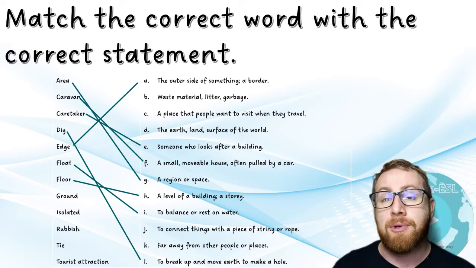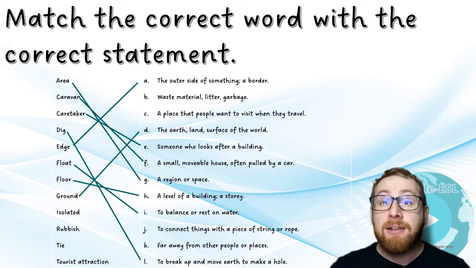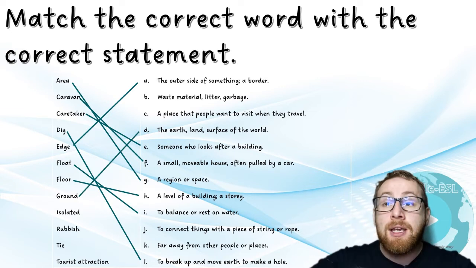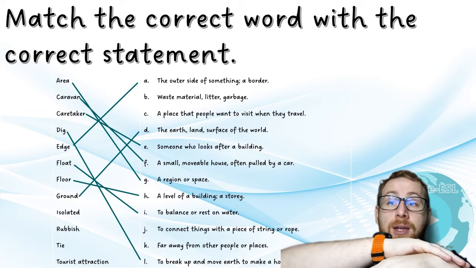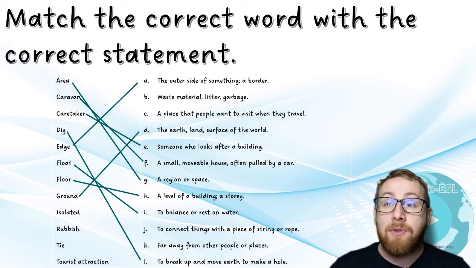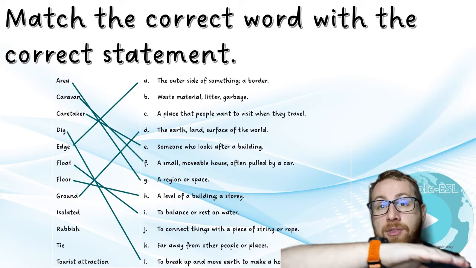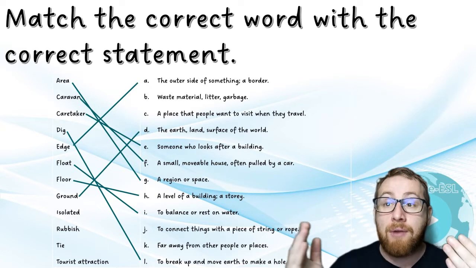What is the ground? It's the earth, the land, the thing underneath your feet is the ground. So when it's the surface of the world, it's the ground. In a building, the bottom floor is called the ground floor. It's the level of a building, but it's on the earth, the ground floor.